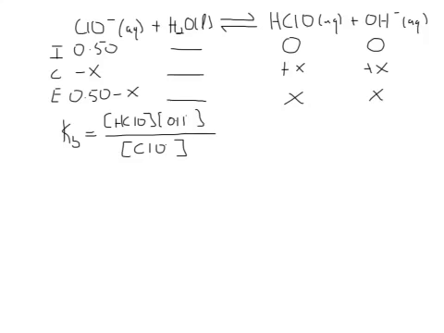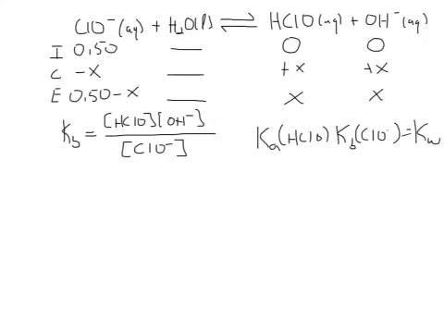What is given is the Ka of its conjugate acid. And we know that Kas of a conjugate acid, conjugate base pair are related. And they're related by the fact that the Ka of HClO times the Kb of ClO- is equal to Kw.